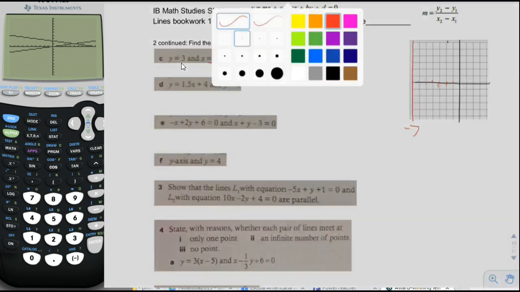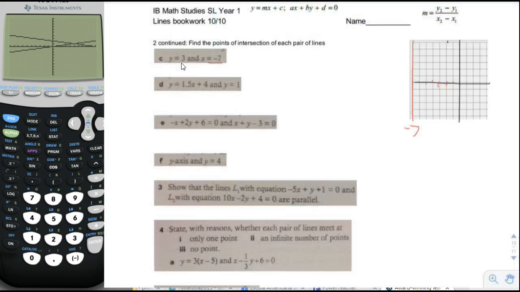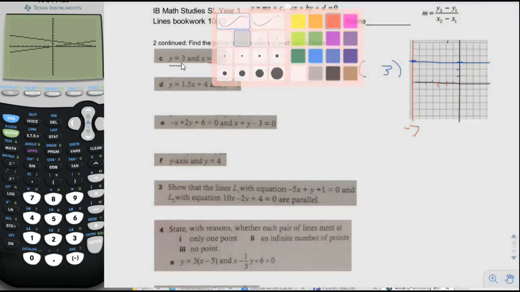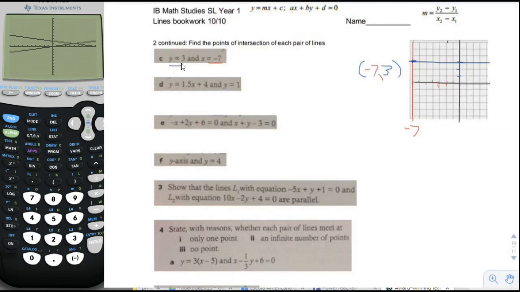What about the y? The y goes through y equals 3, which would be 1, 2, 3, there it is. Okay, so there's the intersection point right there. It's at y equals 3 and x equals -7. Wow, it's kind of a combination of those two, isn't it? Okay, so that's the intersection point.